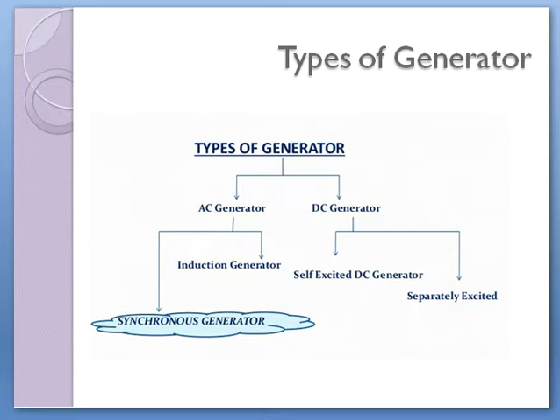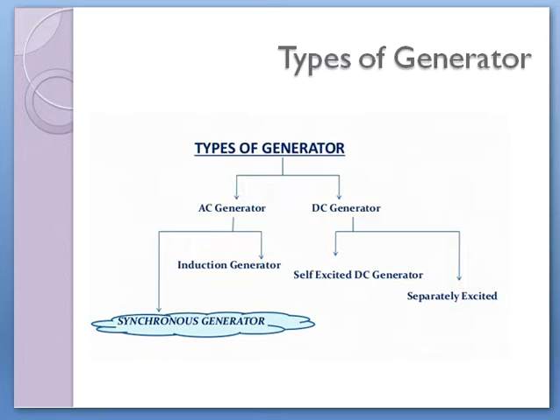DC generators may again be self-excited or separately excited, depending upon if a separate excitation is required to generate the voltage, or they are self-capable of getting the necessary flux and ultimately the output voltage.